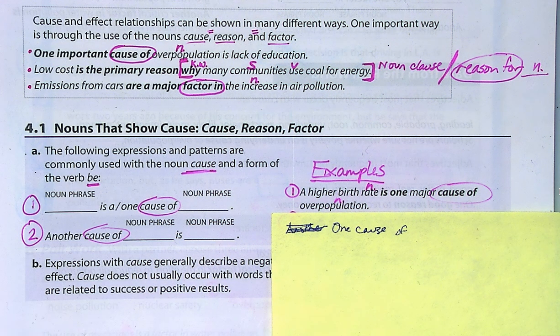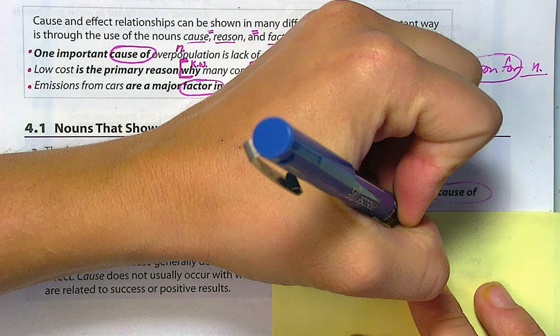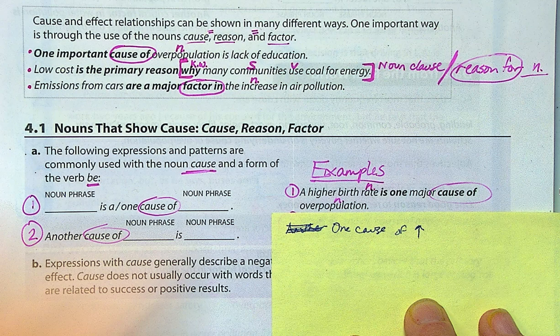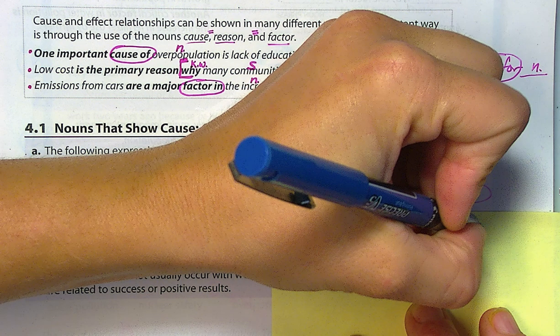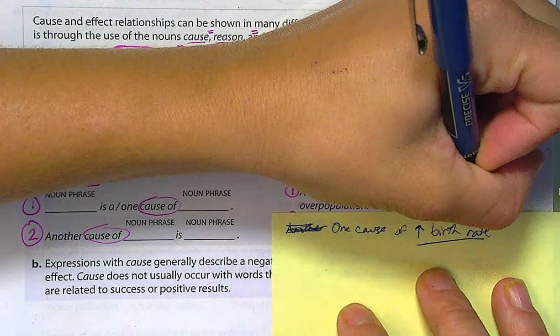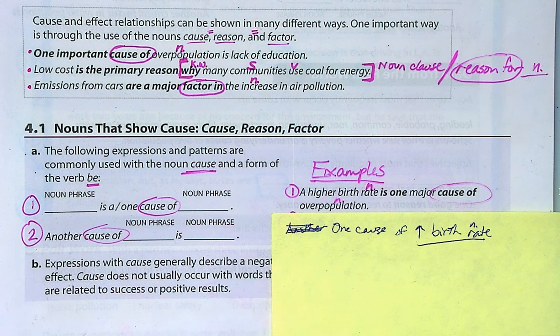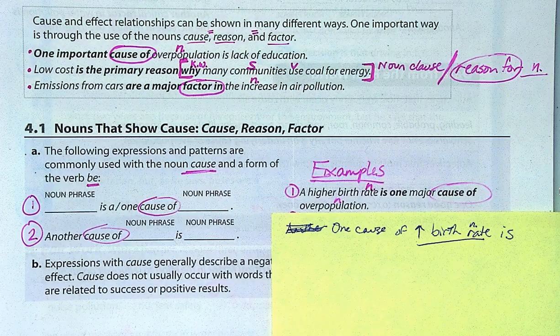And then what was our first noun? Higher birth rate, and I'm just going to use some symbols here. And this is our noun phrase. And then we need a be verb, is. And then we need our second noun.